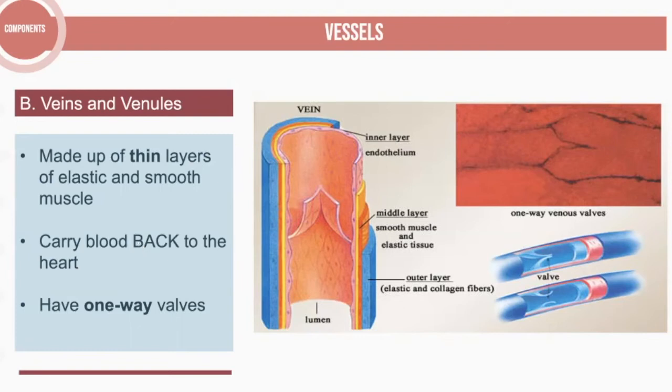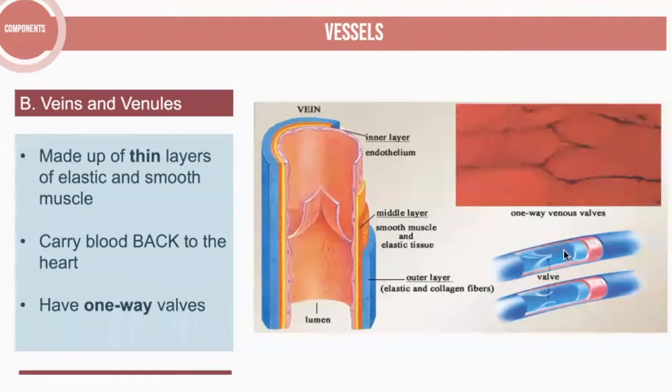A notable feature of veins and venules is that they contain one-way valves, as we can see here in the picture. This one-way valve is actually a flap of tissue that prevents backflow of blood.